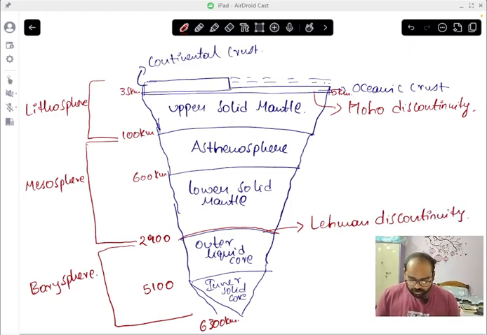Sorry, the boundary between the lower solid mantle and outer core is called the Gutenberg discontinuity.